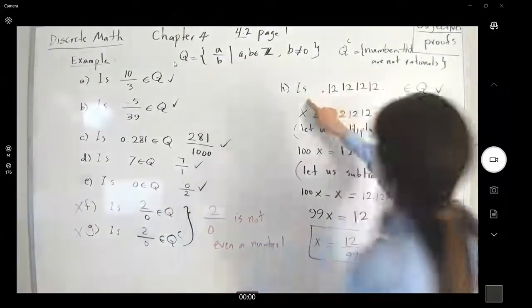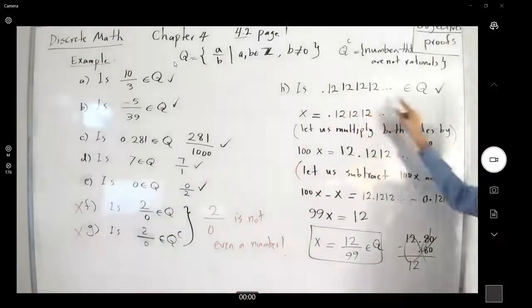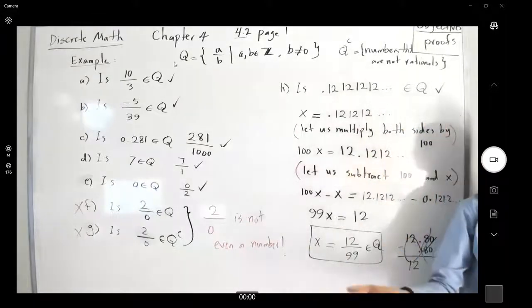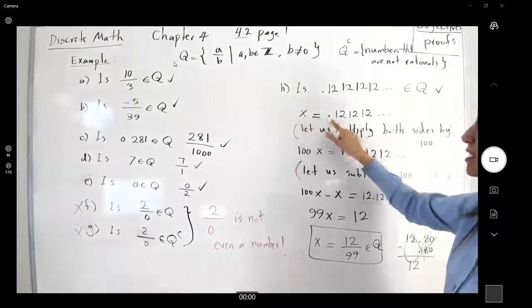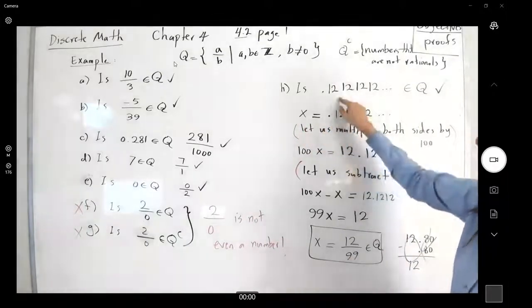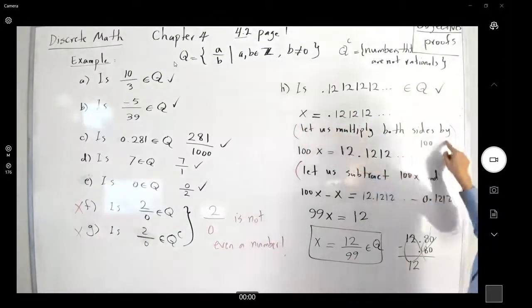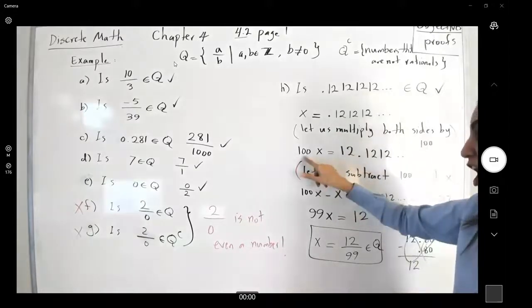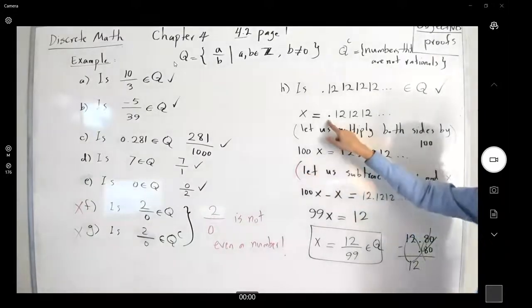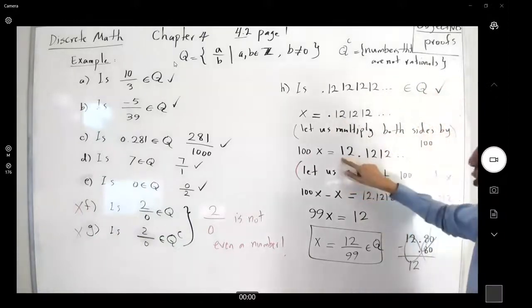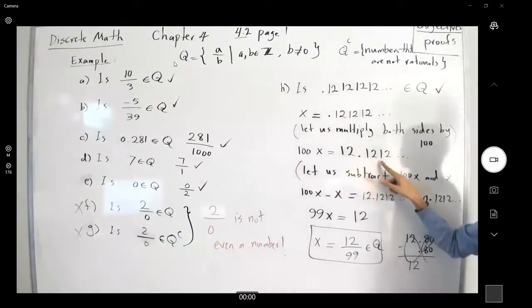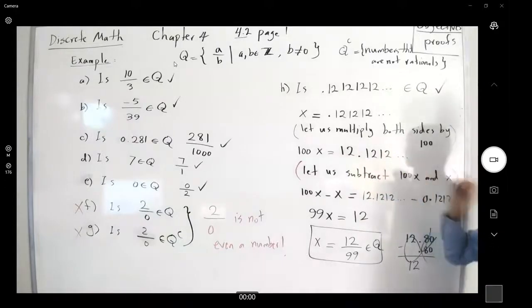So, is this number a rational number? Well, we're going to do a little trick. We're going to take x to be equal to this number. We're going to multiply both sides by 100, 100x. It means that we just shift the decimal 2 places, so 12.1212 with 12 repeated.